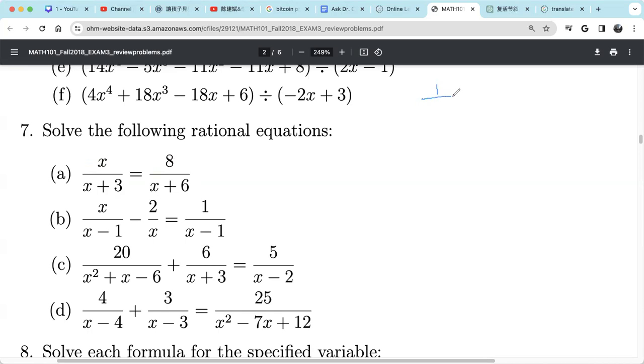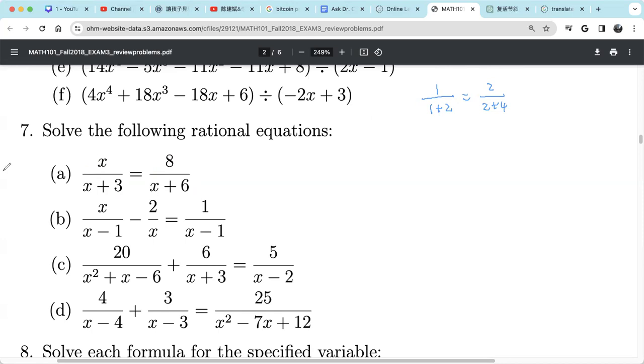If I have 1 over 1 plus 2 equals 2 over 2 plus 4, right? This is right, because 1 over 1 plus 2 is 1/3. The right-hand side, 2 over 6, can be simplified as 1/3.